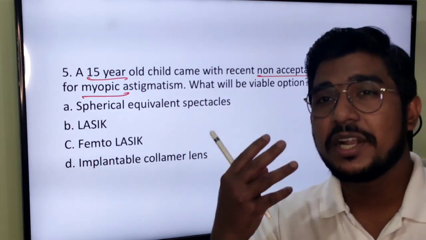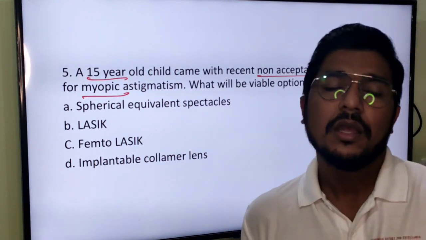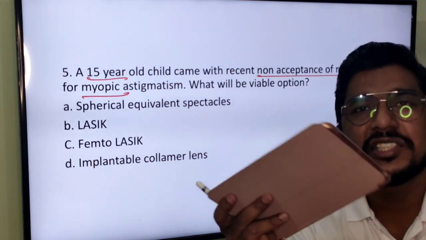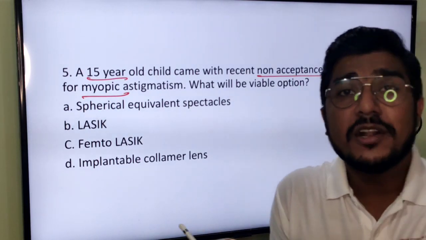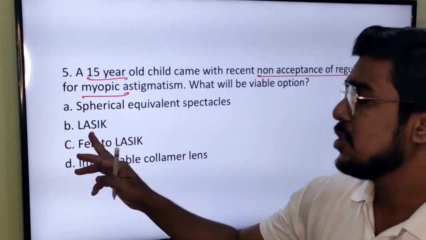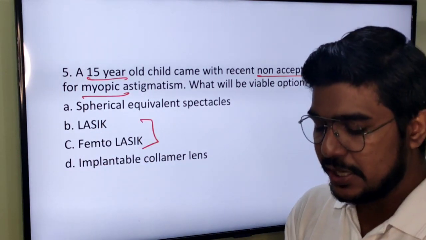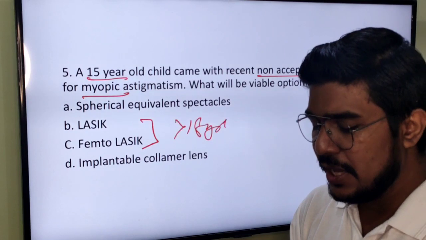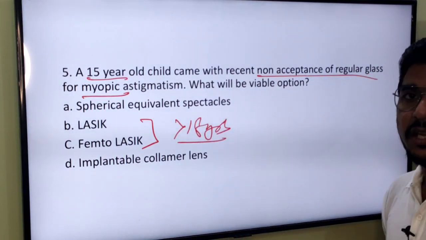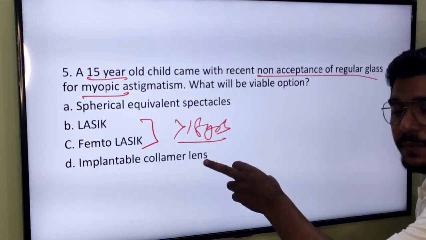See, you have to see, because at the age of 15 years the eye is still growing, the eye is still changing. So you cannot give anything which is permanent. As you know, LASIK and femtoLASIK are all done after 18 years of age. Implantable collamer lens, however, these two things are permanent, but this is reversible.